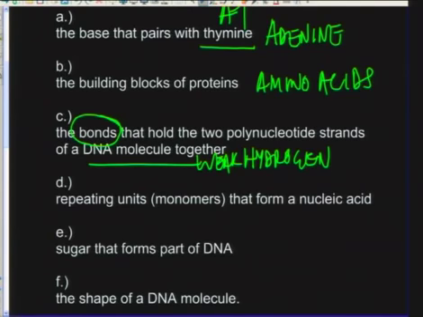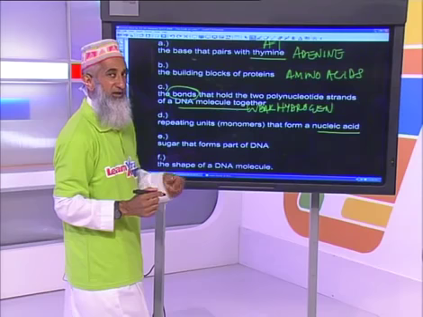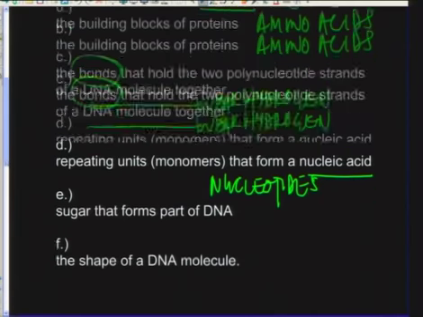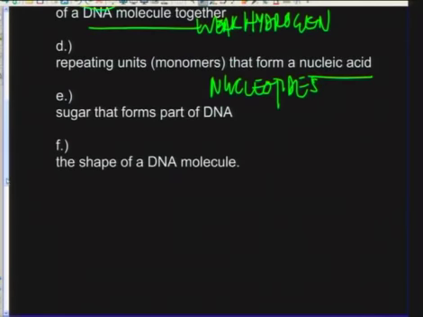Repeating units, monomers, that form a nucleic acid. And that is, I spoke about the bricks on the wall. Yes, that is nucleotides. Phosphate, sugar, nitrogenous base. The sugar that forms part of DNA, that's your clue, DNA would be deoxyribose.